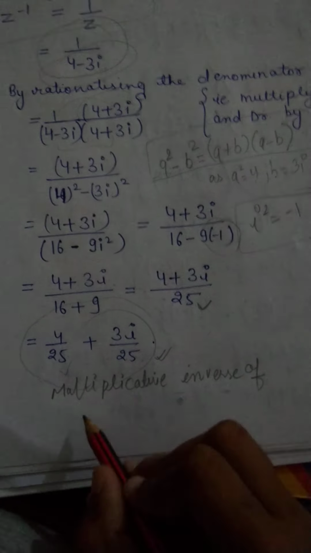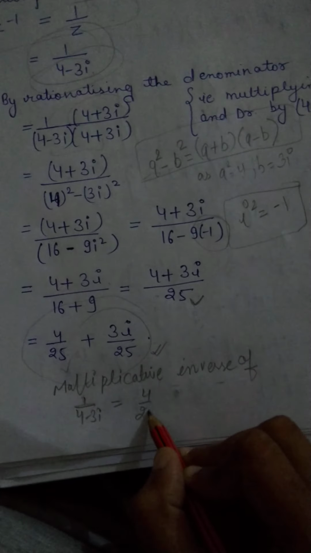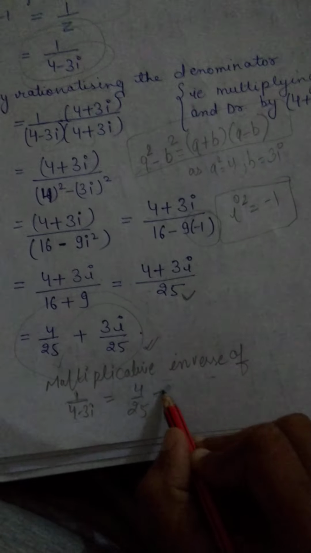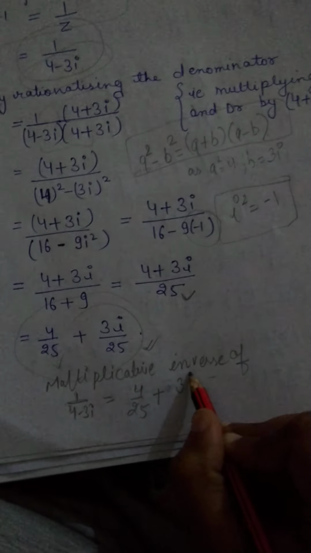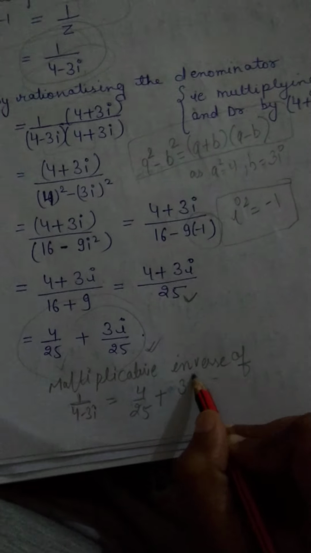Clear? Again I am repeating, 1 upon 4 minus 3 iota is 4 by 25 plus 3 iota by 25. Clear my dear students?